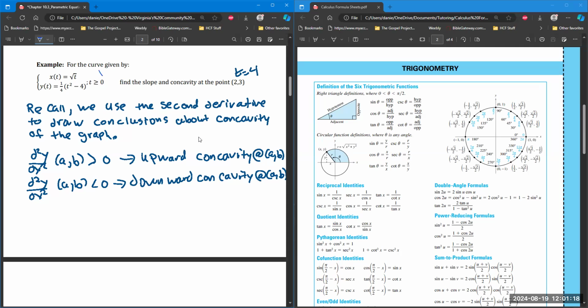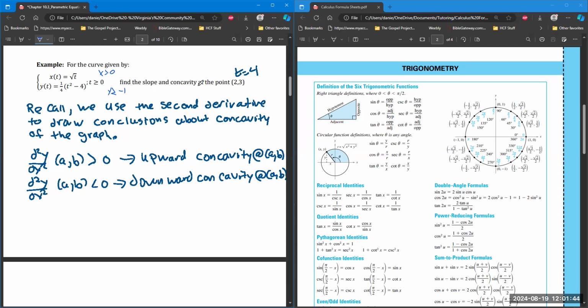That means x has to be greater than 0, and that means that the smallest y can be is going to be -1. And then it can get bigger and bigger from there.